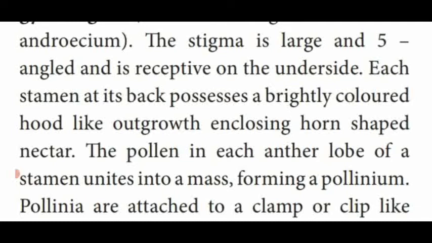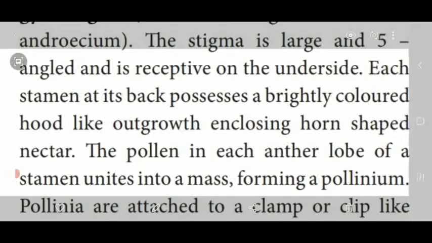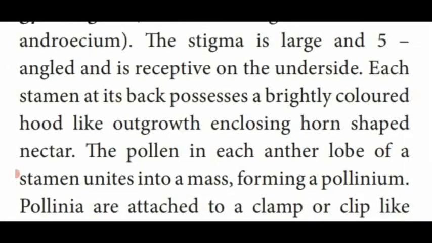Out of 5 stamens, all the stamens which are having a brightly colored hood at the back, that is a small outgrowth, a small hair-like outgrowth, which is enclosing the horn-shaped nectar secreting gland.